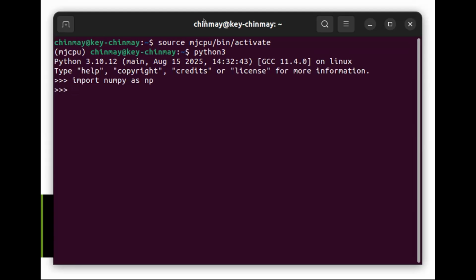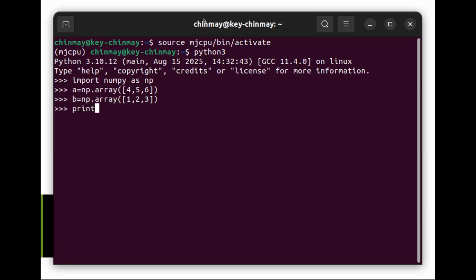Let's see, a equals np.array. It's a one-dimensional array: 4, 5, 6. This is a. Then b is, let's say, 1, 2, 3.